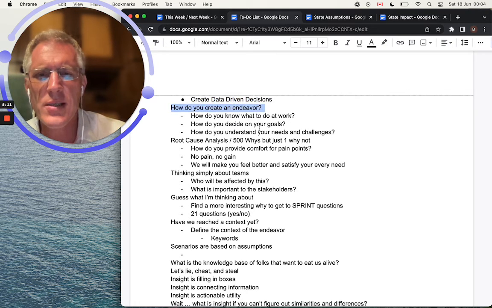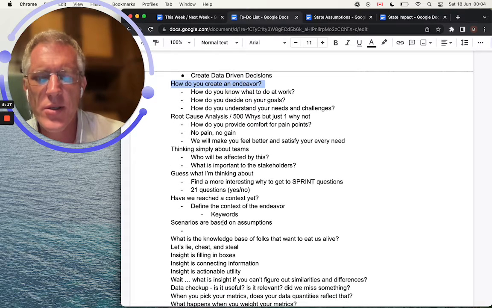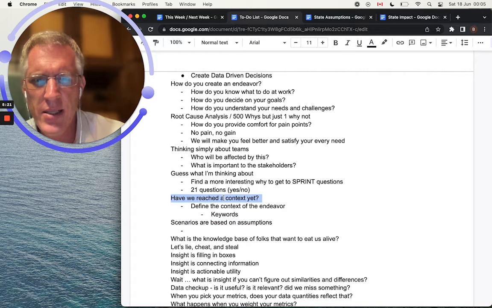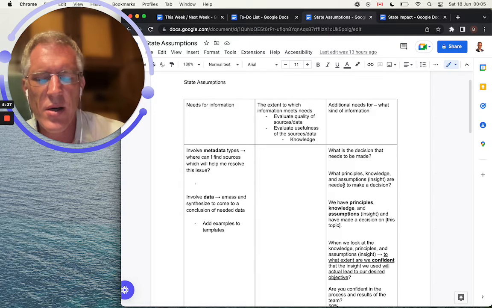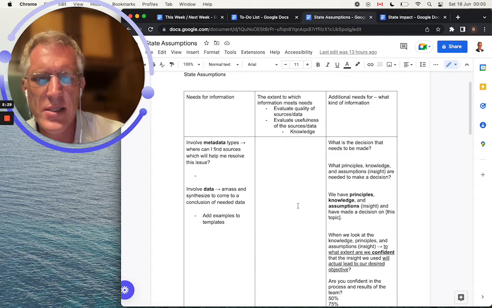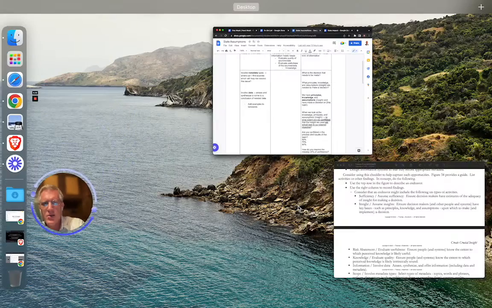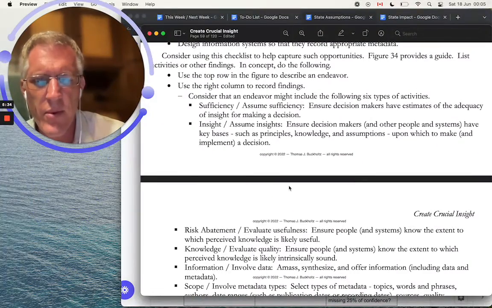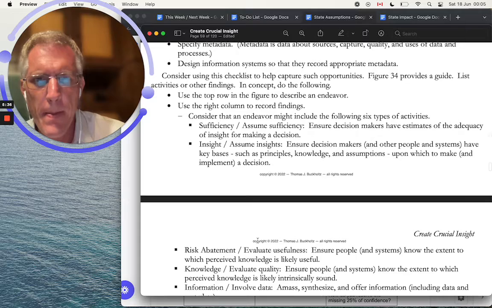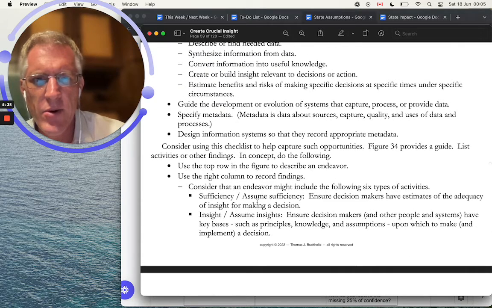So the thing is, where are we? Scenarios are based on assumptions. Have we reached the context yet? I'm kind of still where I am because I was talking to Max about this state assumptions, and we were reading the book together and going through these steps. He's from Ukraine, but he's currently in Romania.